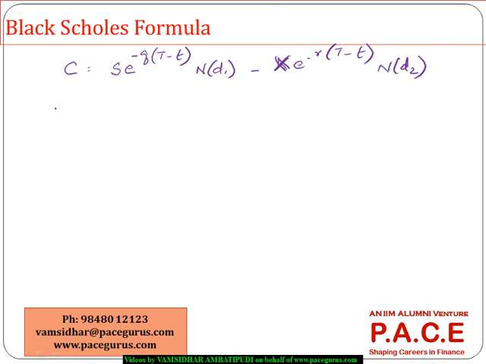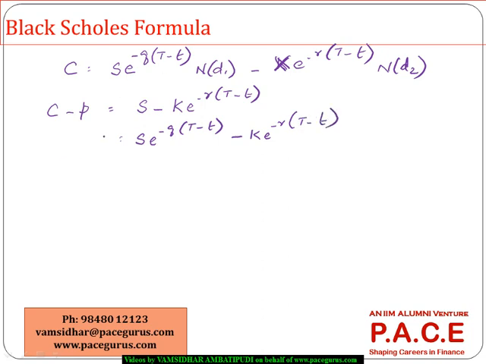Now we know that the put call parity relationship says the difference between a call and a put should be equal to the spot price minus the present value of the strike price. Here I am talking about the stock price with a dividend, so it should be S e power minus q(T minus t) minus K e power minus r(T minus t). So from here we can talk about the price of the put option.